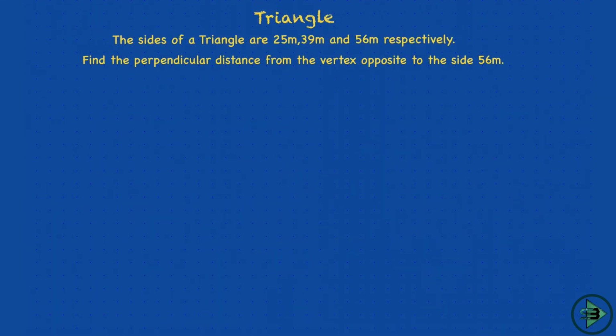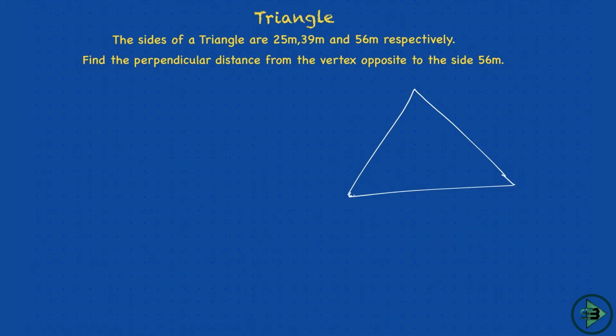The sides of the triangle are given to me. Find the perpendicular distance from the vertex to the opposite side, vertex opposite to the side 56 meter. So what is given to me now? Let's understand what the problem is saying. So this is the triangle here.